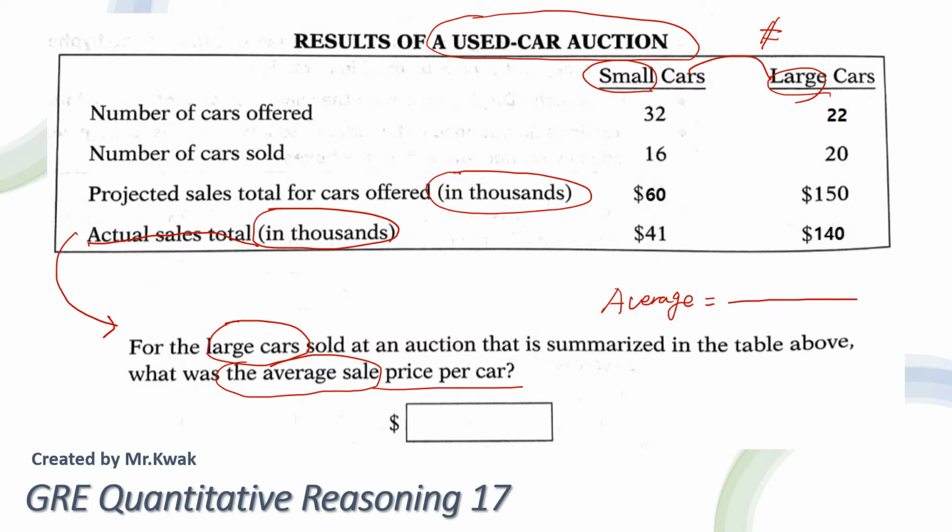Average means a number of something, and then there should be a total of things. So from that formulation, we can add some specific numbers and then we can get the average price.